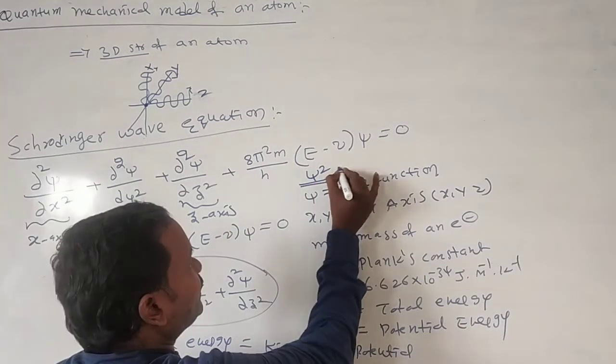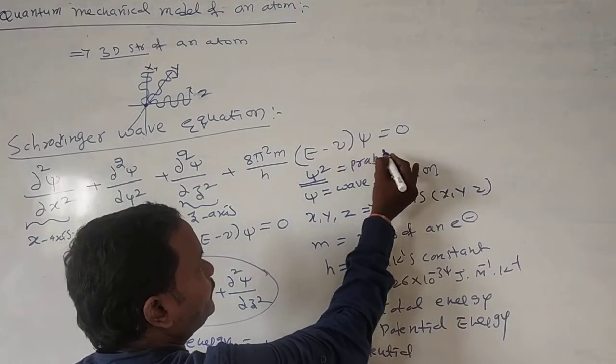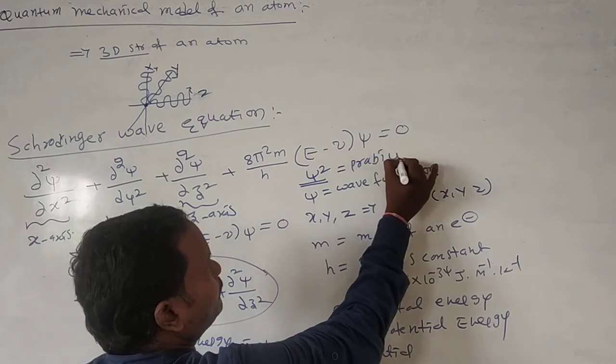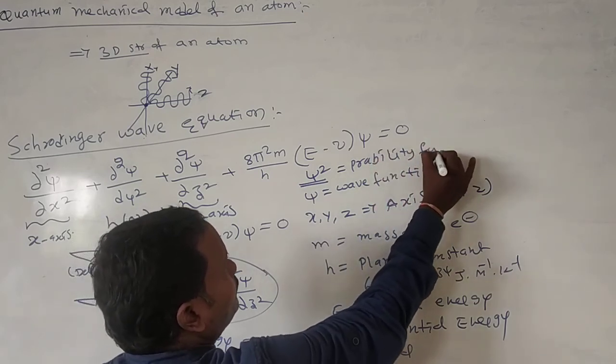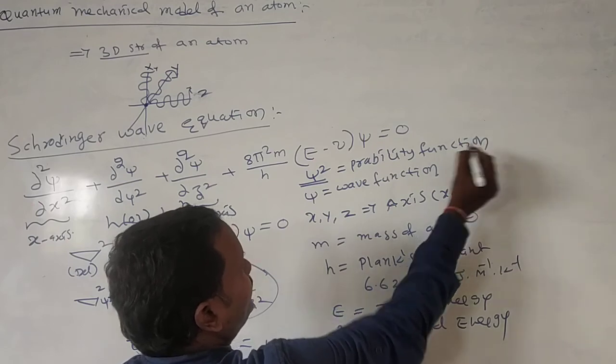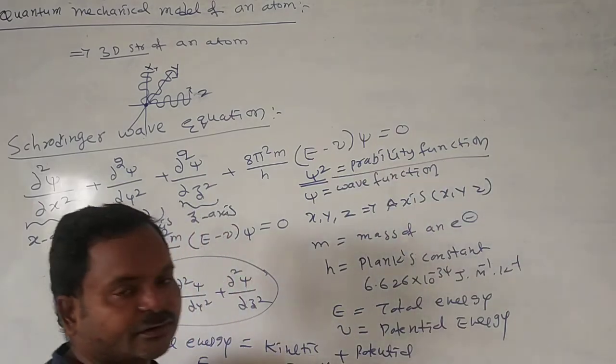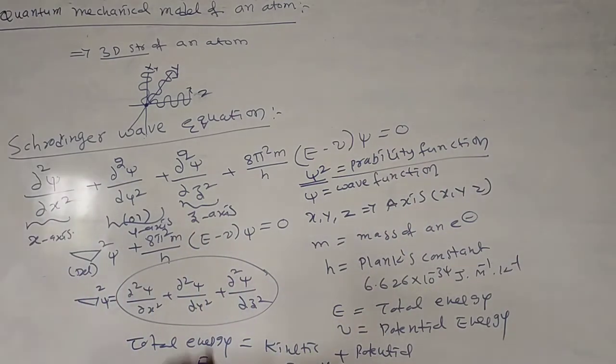What is psi square? It is the probability function. Psi is the wave function, x, y, z are the axes, m is the mass of an electron, h is Planck's constant, E is the total energy, and V is the potential energy.